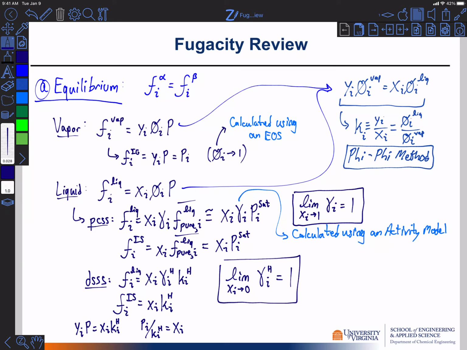The pure component standard state ideality occurs as we go toward x_i equals 1, or as the component becomes pure, which is why we call it the pure component standard state. In the dilute solution standard state, the activity coefficient goes to unity as the solution becomes infinitely dilute in that particular component.